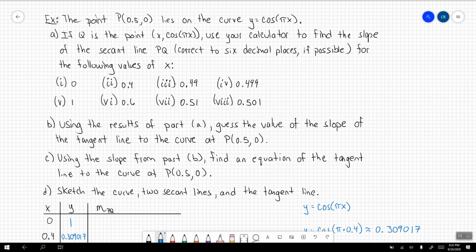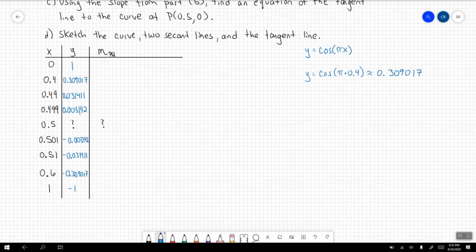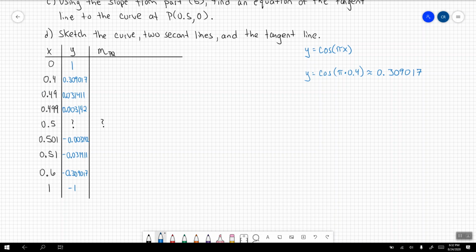That's the one that goes through all of these x values that we just listed. However, point P does not change. Point P is actually fixed, which means when we try to find these given secant line slopes, all we need to do is figure out what the difference is between the fixed point and the point that's changing.